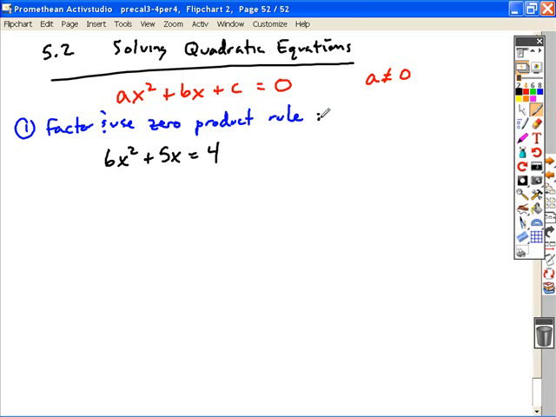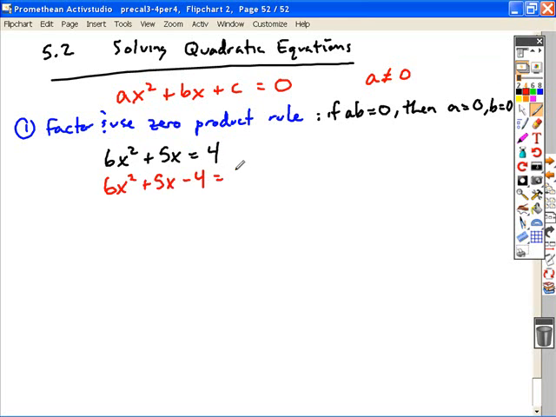Again, the zero product rule is if you have the product AB equal to 0, then you can either set A equal to 0 or B equal to 0, and that has to be true. One of those has to be true for that. And so if you set everything on one side of the equation and set it equal to 0, which is usually your first step in solving an equation anyway.